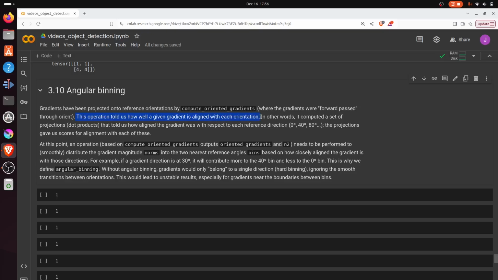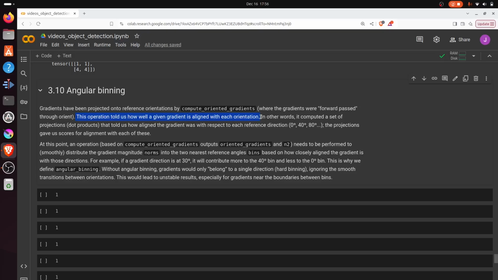We can understand this as having a score associated to each gradient, and the higher the score is, the more aligned it is with that specific orientation. In this case there are 9 orientations, because we have 0, 40, 80, and so on, till 360.